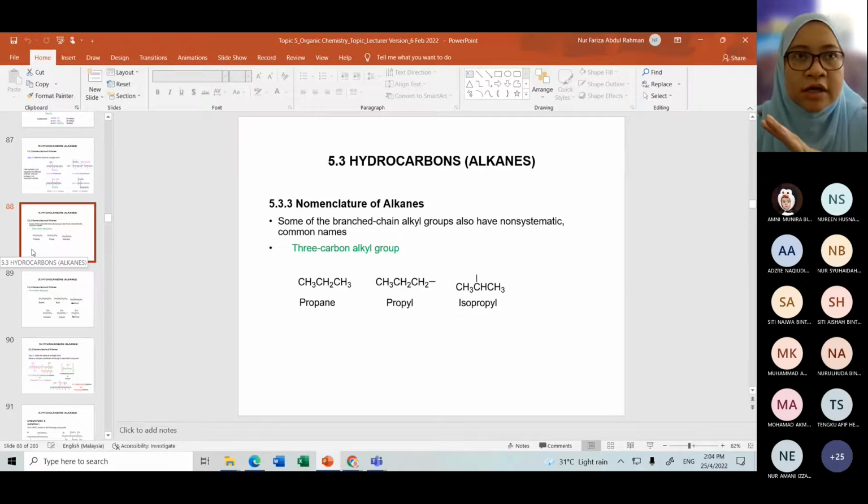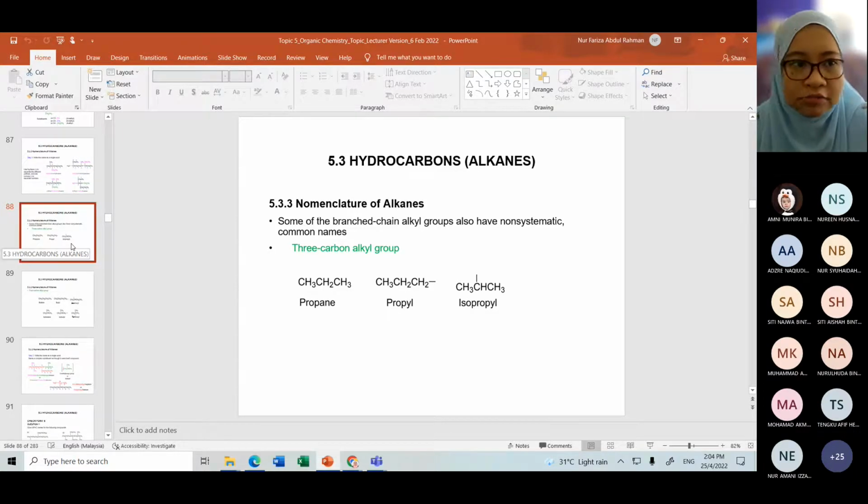We have 5 basic steps that we need to take note of before we name any organic compound. The focus last week was on alkenes. So basically we have 5 steps.